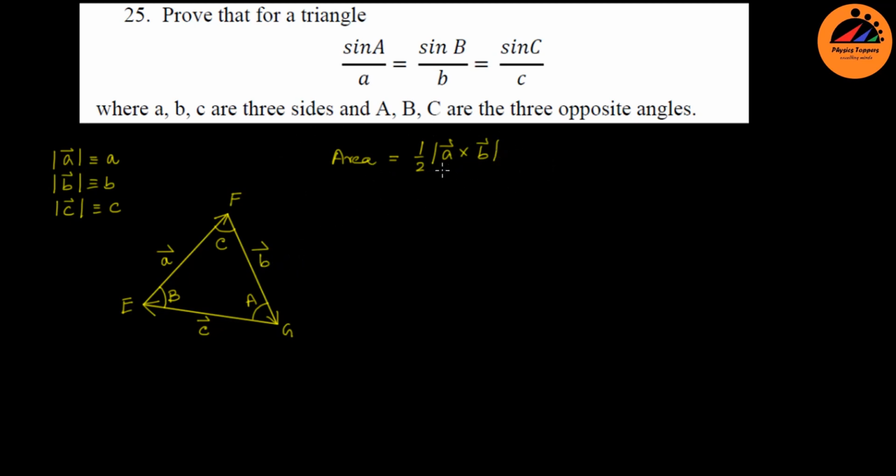If you find A cross B, you have already the A vector, and let's slide the B vector so that it becomes parallel to itself and touches the same point where A originates. So this is the B vector, and let's make a parallelogram out of it.